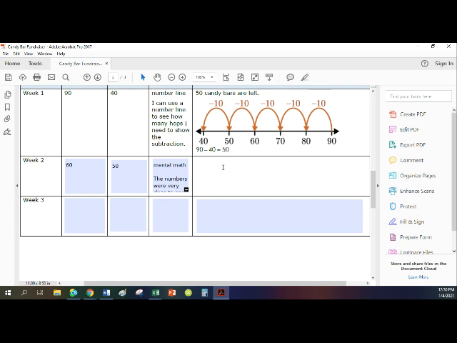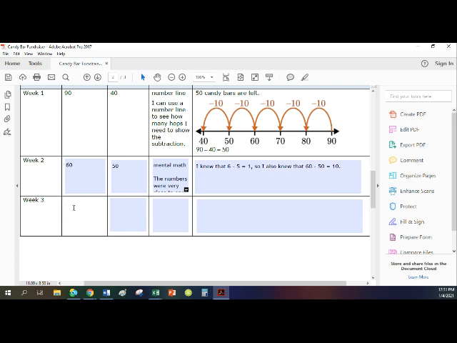So I could say, I knew that 6 minus 5 equaled 1. So I also knew that 60 minus 50 equaled 10. It's just one group of 10. That's what I did in my head. So I just wrote out what I did and how I knew it, and that's it for week number 2.